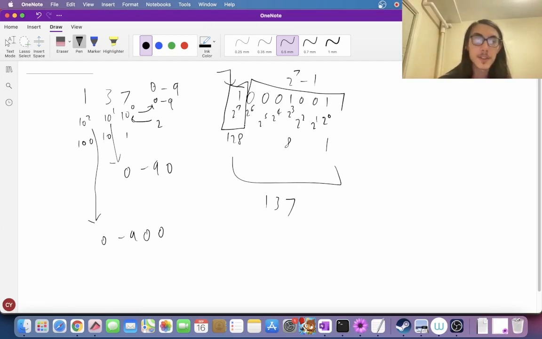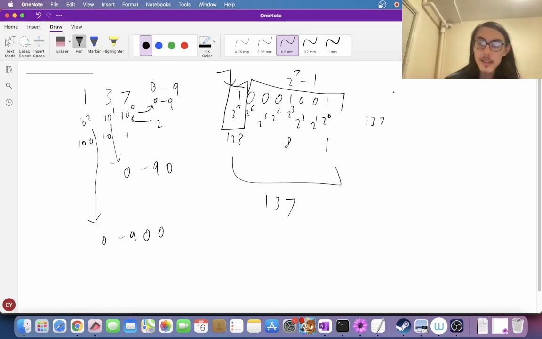So in terms of conversion, to convert from binary to decimal, you can simply sum the powers of 2 from the 1s. In this case, we did this here. And from decimal to binary, essentially you can start from the largest power of 2, and then you can go down and see which ones will actually fit into it. So for example, here we have 137.